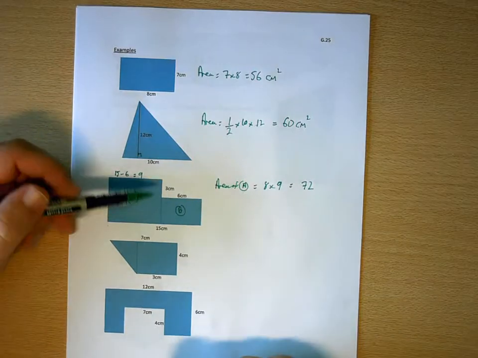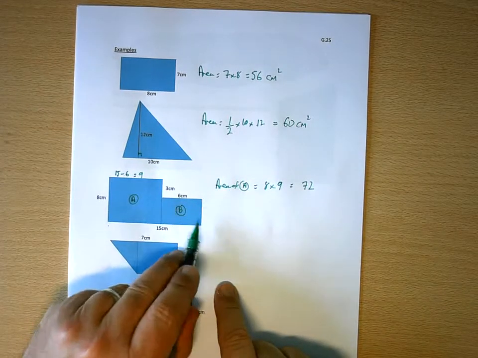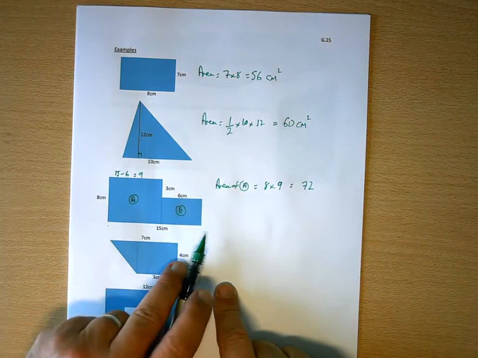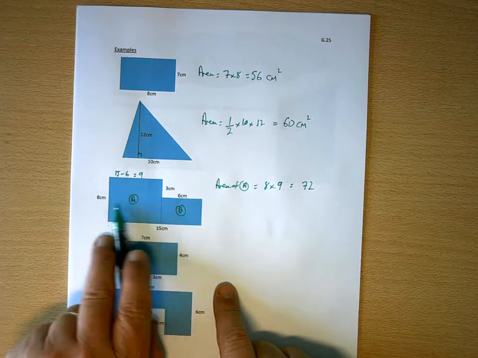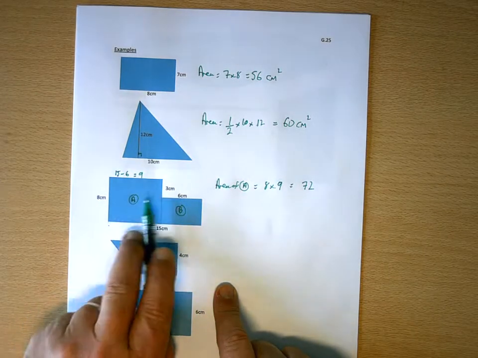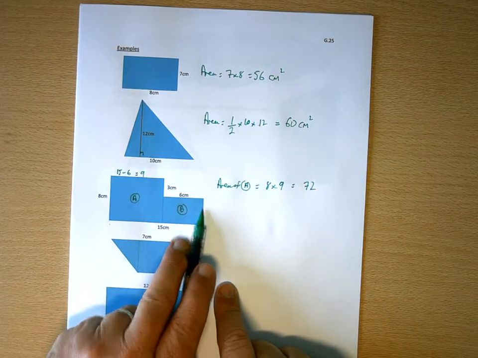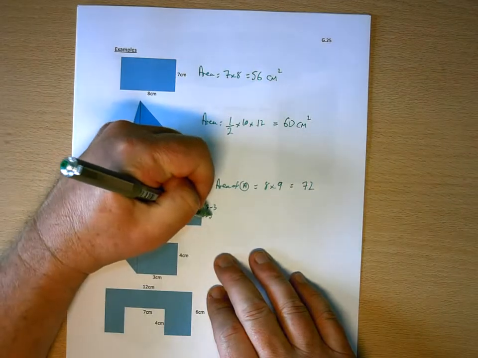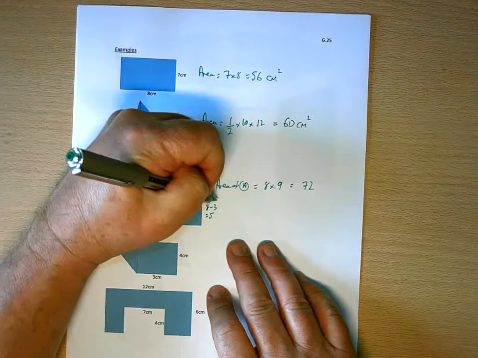72. And similarly for the area of B, I've got this width, but I don't have the height or the length of it, or I've got the length and the width, however you want to think of it, but I do know that from there to there is 8, and from there to there is 3, so that distance is going to be 8 less 3. So that's 5.